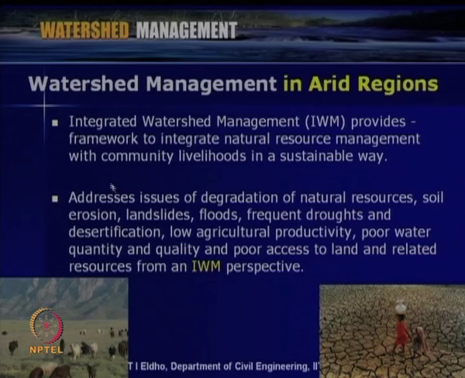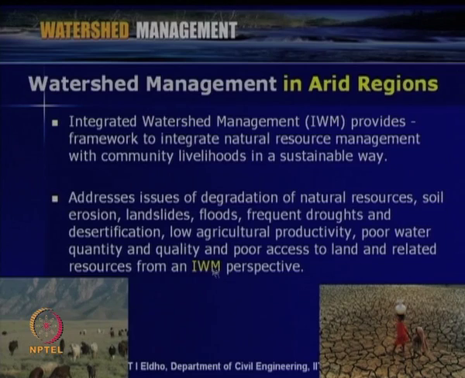Within the perspective of IWM, we try to address issues of degradation of natural resources, soil erosion, landslides, floods, frequent droughts and desertification, low agricultural productivity, poor water quantity and quality, and poor access to land and related resources.